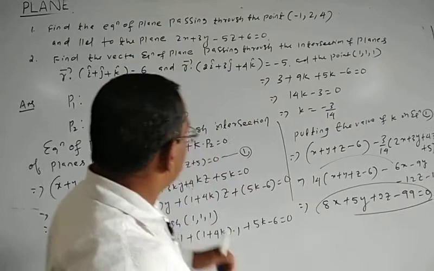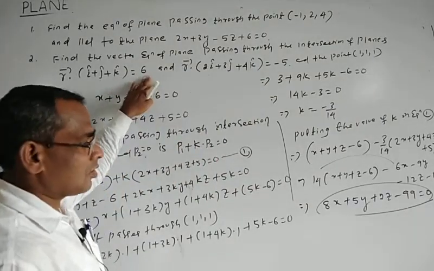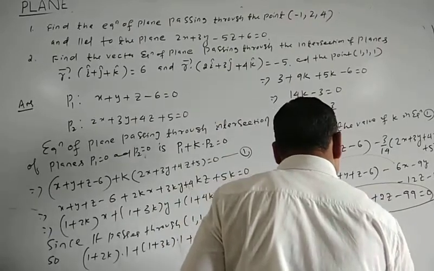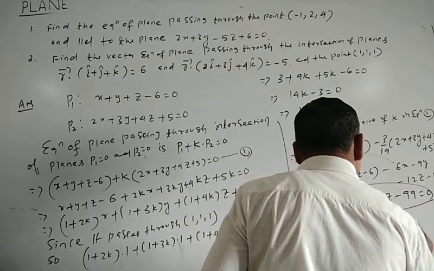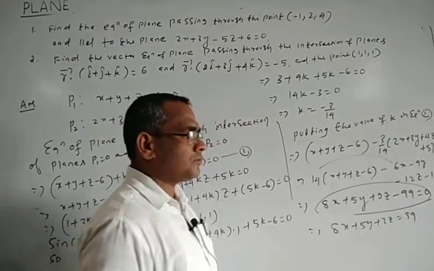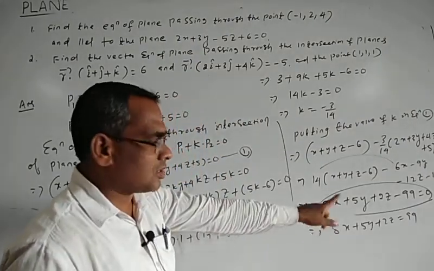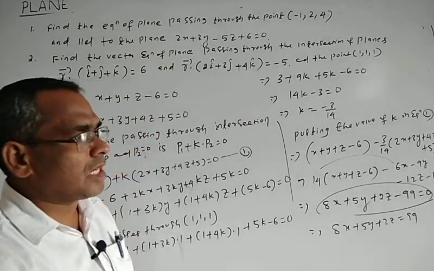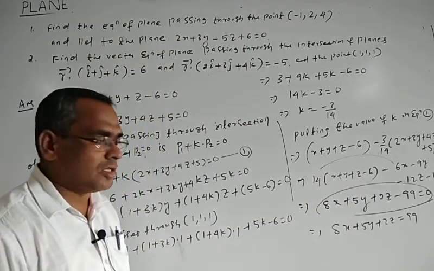But we are asked for the equation of the plane in vector form, so we convert it to vector form. That is 8x plus 5y plus 2z is equal to 99. Here, for ax plus by plus cz is equal to d, the vector form is r vector dot n vector is equal to d.